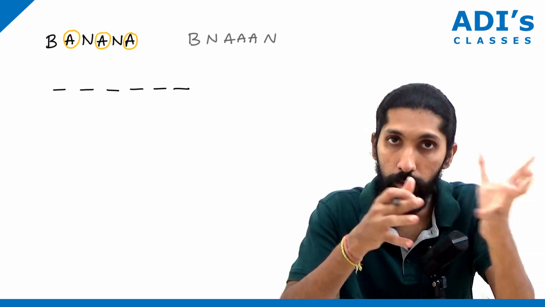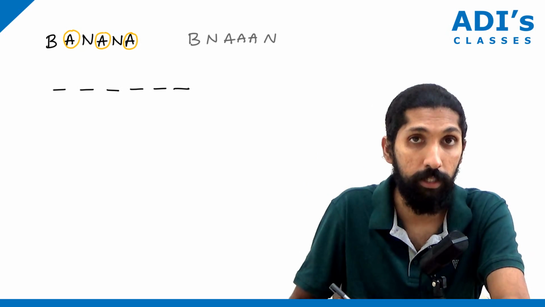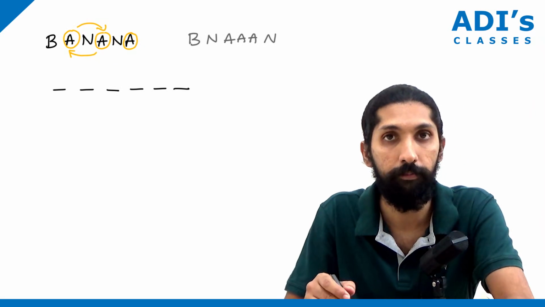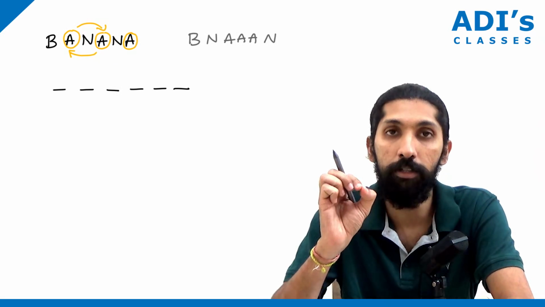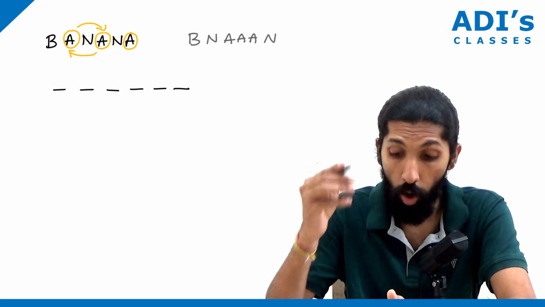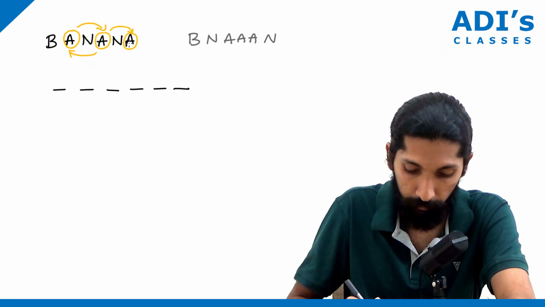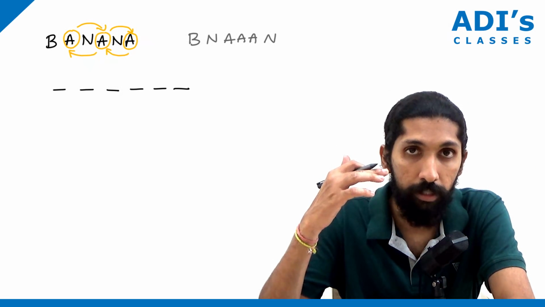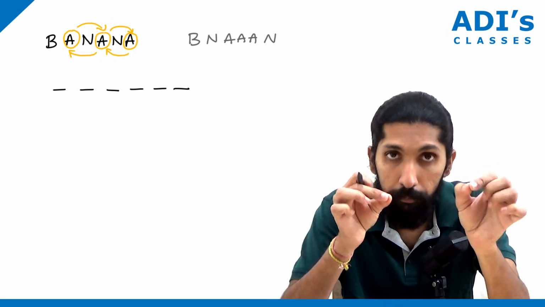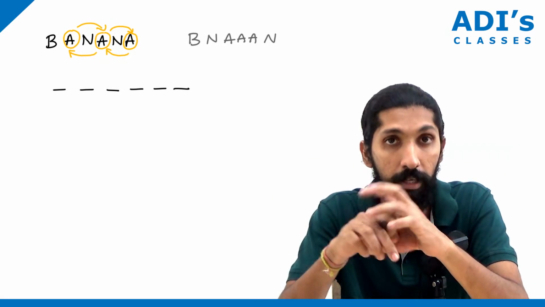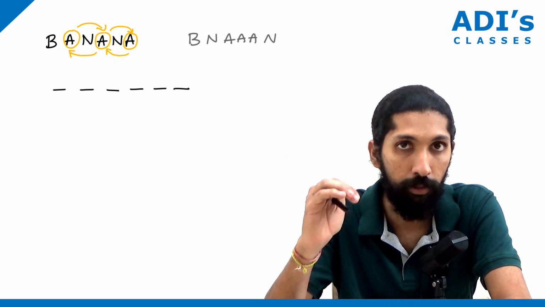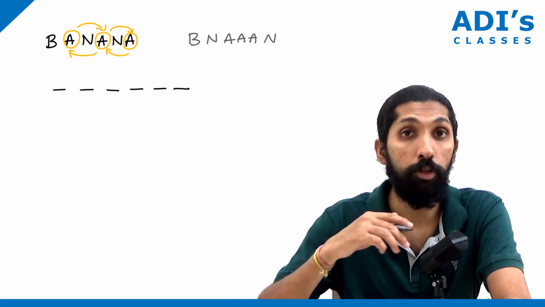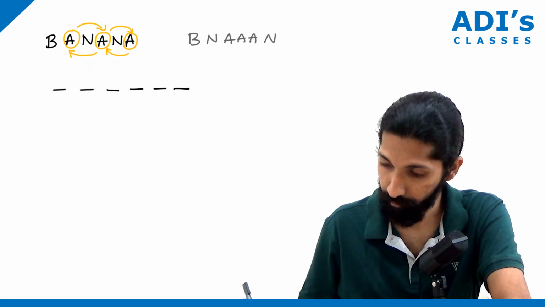First we'll do A, then N. If I interchange these A's, does it make any difference to the word? No. Whenever we have repetition, interchanging the repeated letter makes no difference to the word. So how many combinations are there in total?